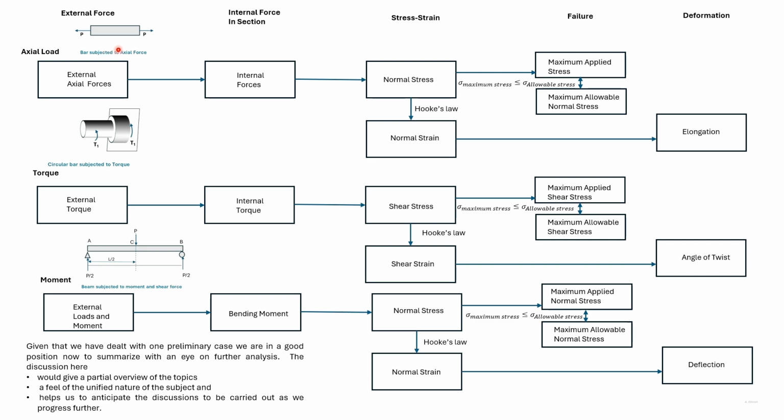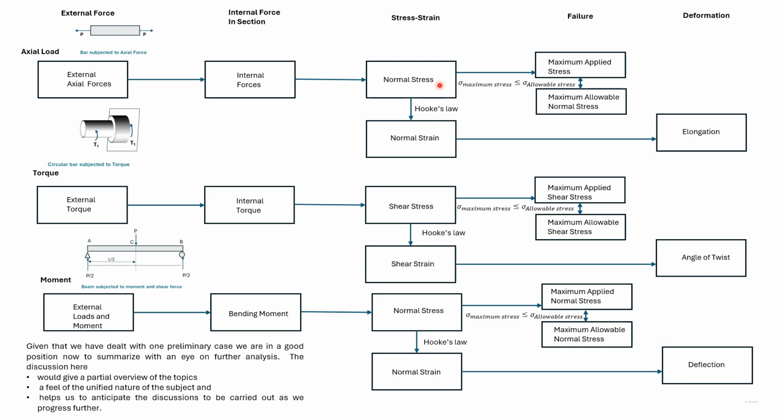If the bar has sections with different axial loads and different areas, then we find out the maximum P by A, or the maximum applied stress. We then compare it to the maximum allowable normal stress to check for failure. We have dealt with cases where the maximum allowable normal stress was given, and we had to move in reverse to find out the maximum external axial force.